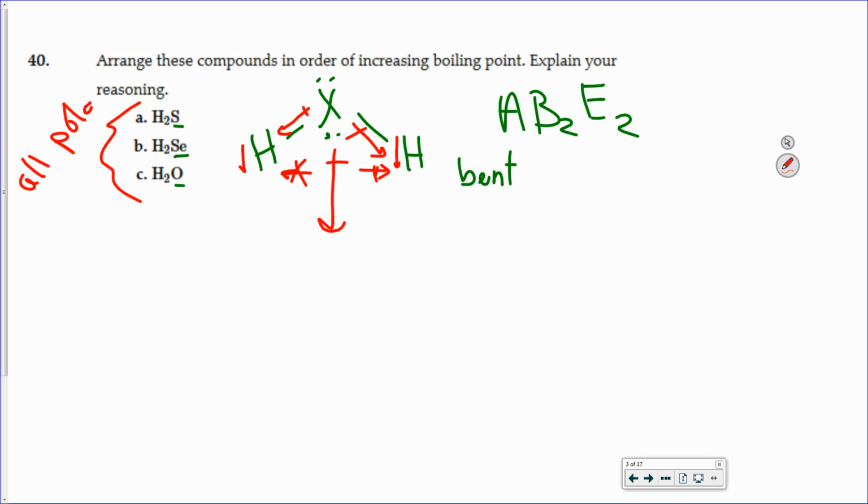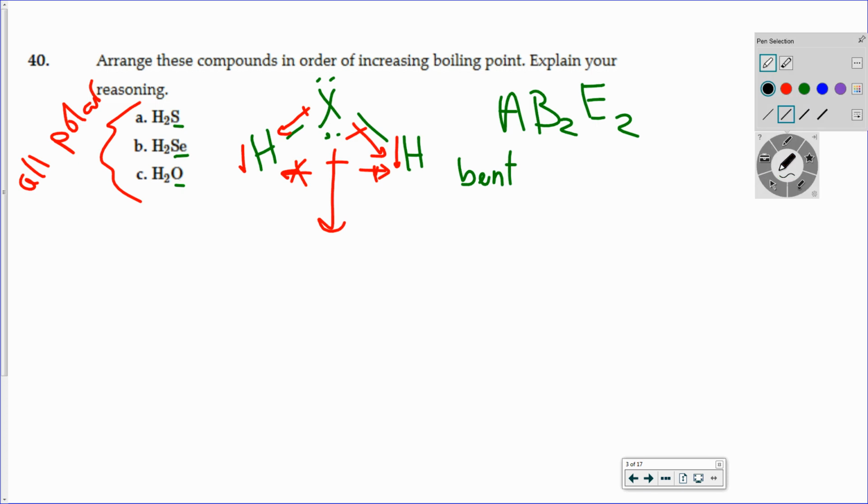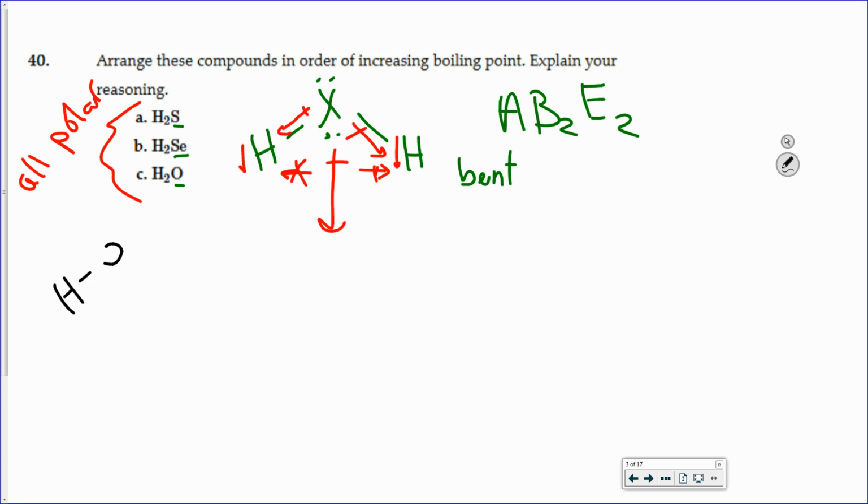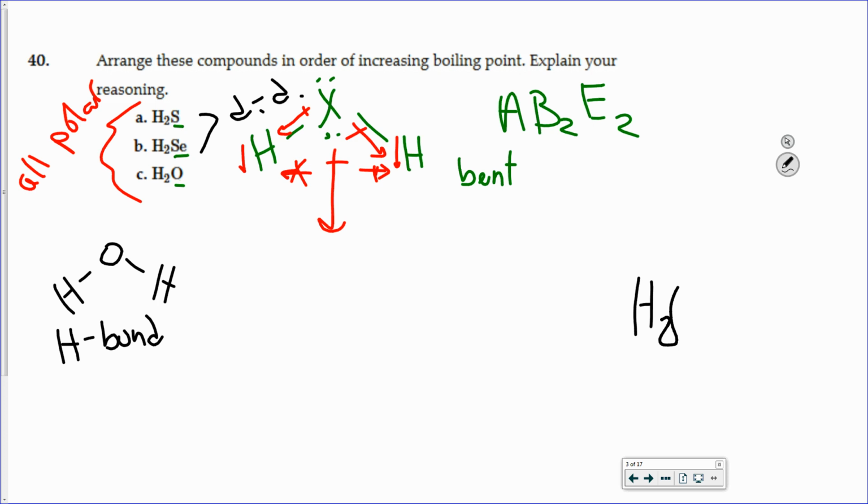Is there something that sets any of them apart from the others? In water, the oxygen is connected to hydrogen, and that's the H bond. Where the other ones have dipole-dipole interactions, this one has super strong dipole-dipole interactions. The stronger the interactions, the greater the boiling point is going to be. So the one that has the highest boiling point is going to be water.